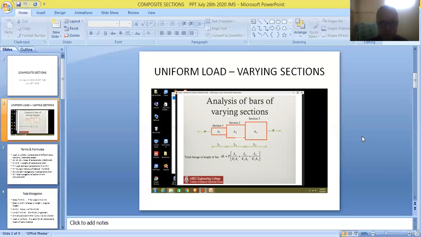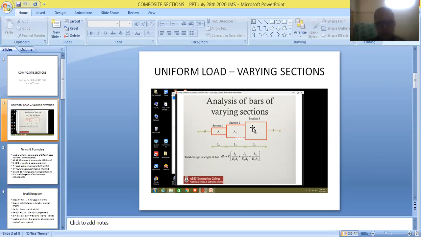The first one is the load acting on the composite section, and the second factor is the areas of various components present in the composite section.